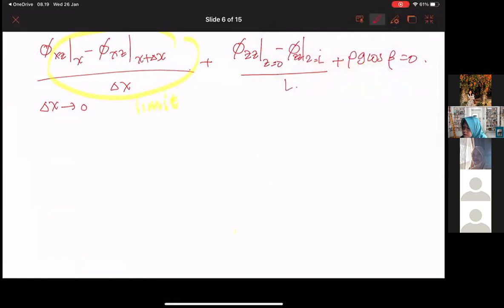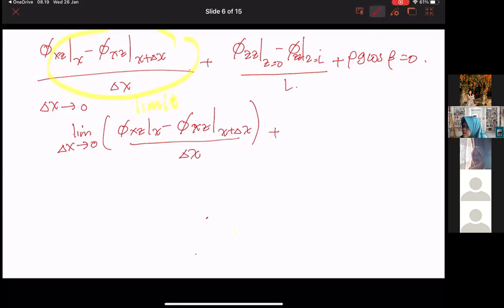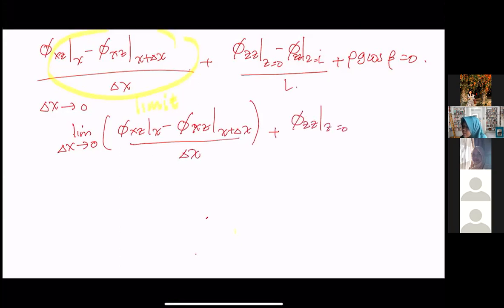So we can write the limit as delta x goes to 0 of C x z at x minus C x z at x plus delta x, divided by delta x, plus C z z at 0 minus C z z at L, divided by L, plus rho g cos beta.